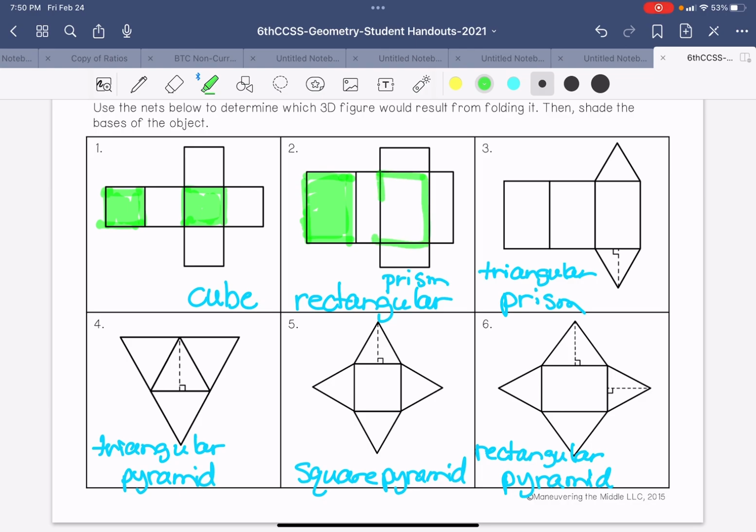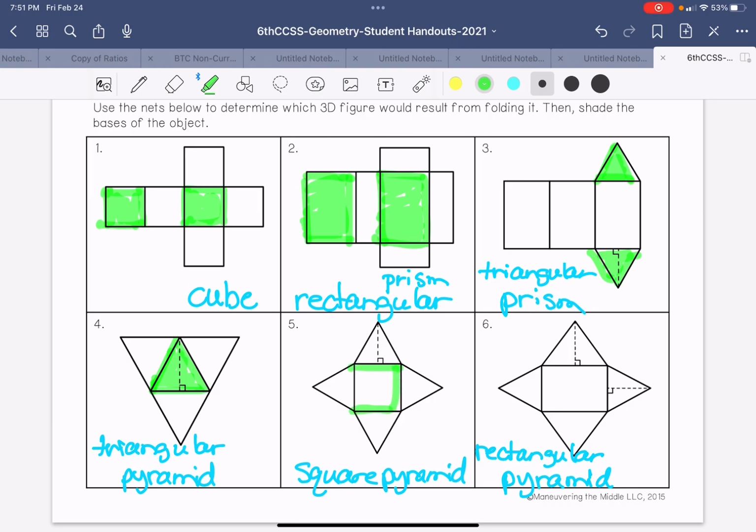So think about it when it's folded. These would be the bases. Triangular prism, you know it's going to be these triangles, because that's how we got the name. Triangular pyramid, this is kind of hard when it's flat, but this would be your base.